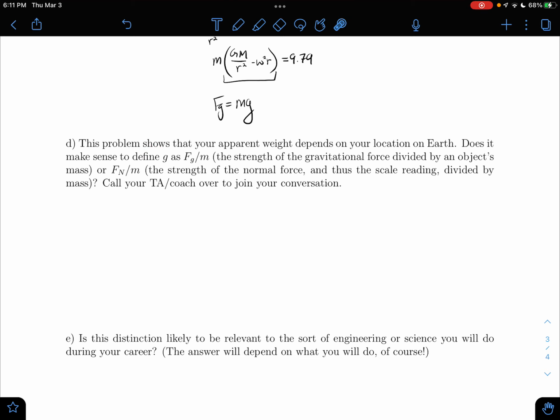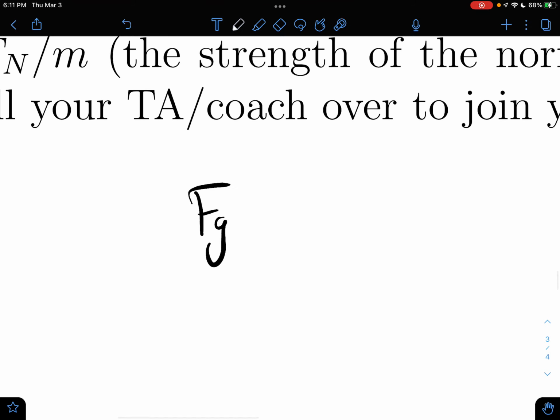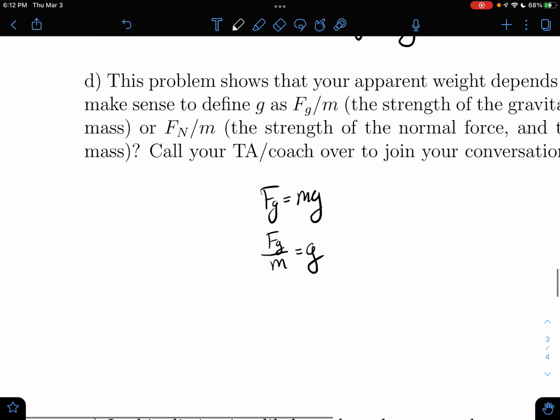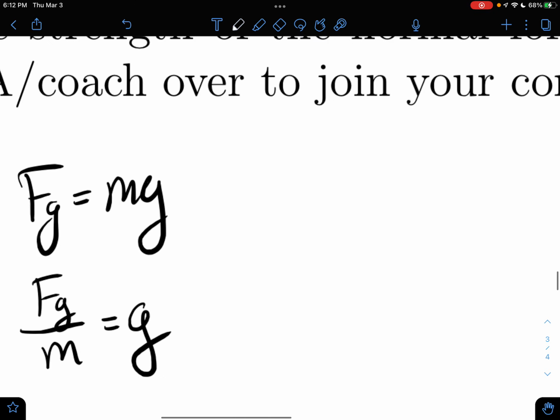So we have to define g as either our Fg divided by mass, if we say that Fg equals mg, or if we do it with our Fn over the mass.